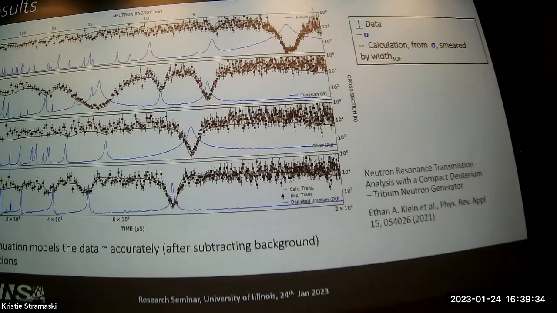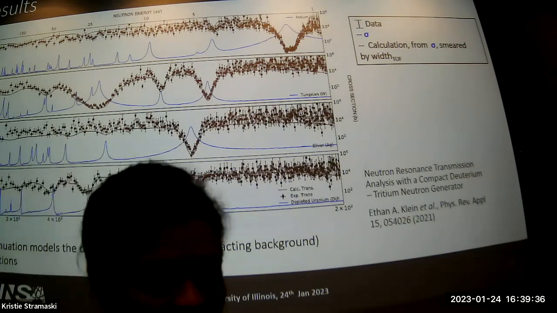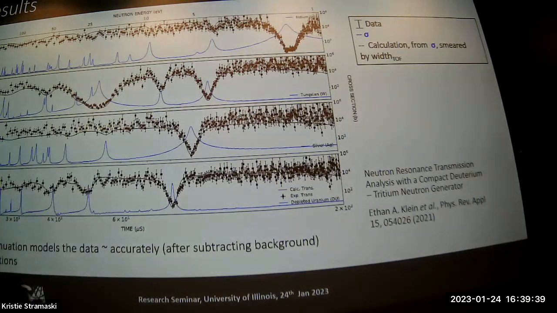The number of epithermal neutrons that are reaching our detector is about 1 in a million. That's the efficiency of the whole moderator and polymer, 1 in a million. So the neutron generator source is on the order of 10^8, and after collimation it is about 300 neutrons per second.